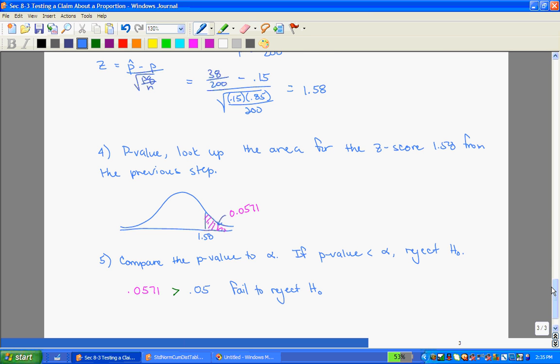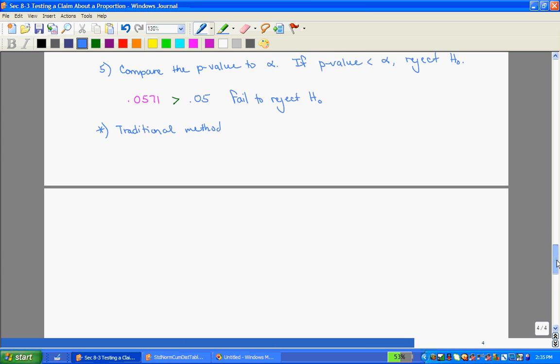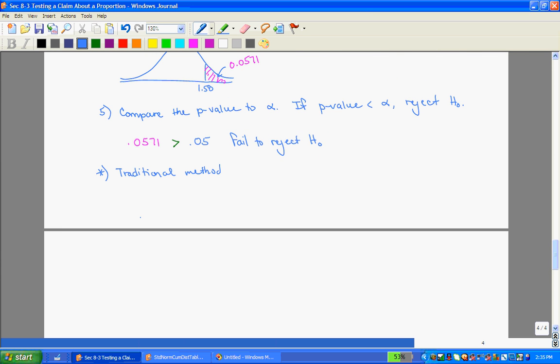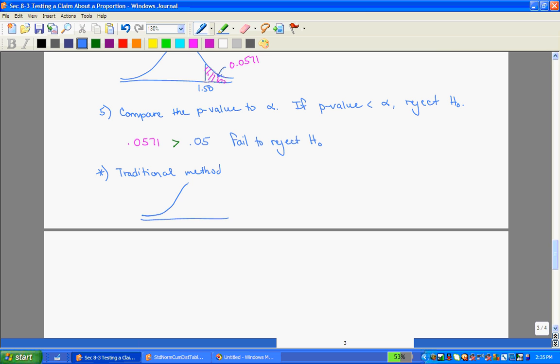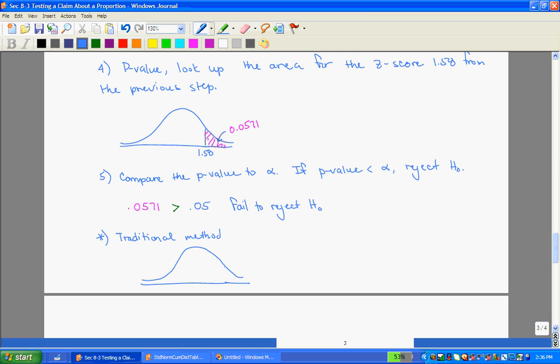the null hypothesis. Now compare that to, and this is just for comparison, the traditional method. The traditional method would have us look at the critical value, which notice we didn't really need with the p-value, but I just kind of threw it in there anyway. So we found the critical value to be 1.96 and negative 1.96.